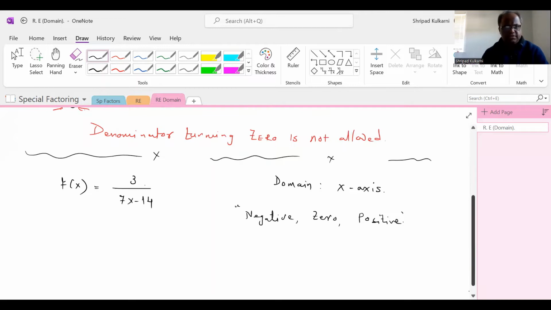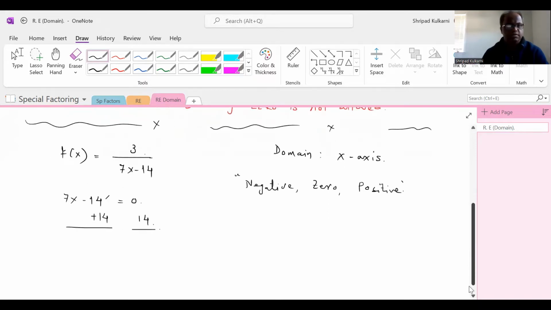When you land up with such a question and they ask you to determine the domain of the given function, what do you do? You forcefully equate the denominator to 0. Add 14, so it gives me 7x is equal to 14. Divide by 7, and x is equal to 2.